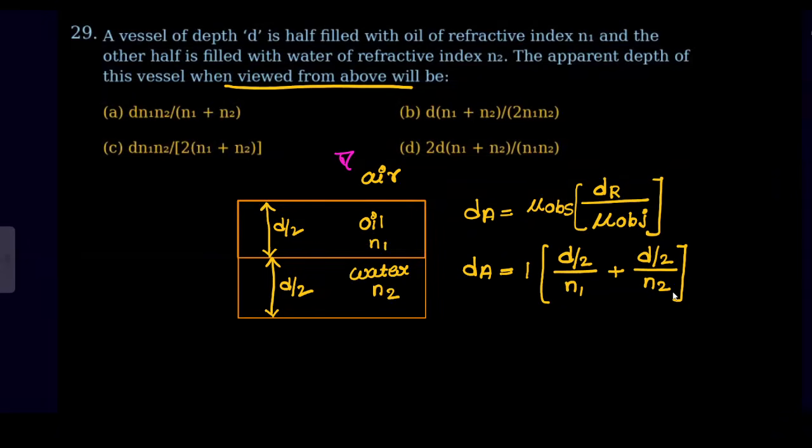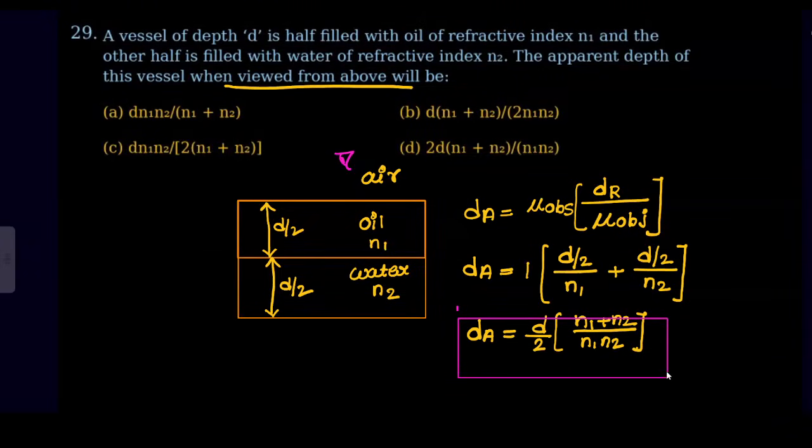Simplify and get it. We can take out D by 2 common. So the LCM is N1 plus N2 by N1 into N2. Now what's the option?